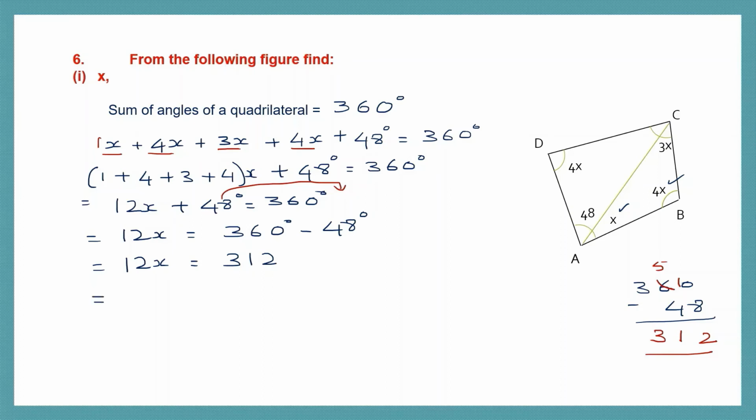Let's find the value of x. How do we do that? 312 divided by 12. Because 12 is multiplication on the left hand side, when I move it, it becomes division.